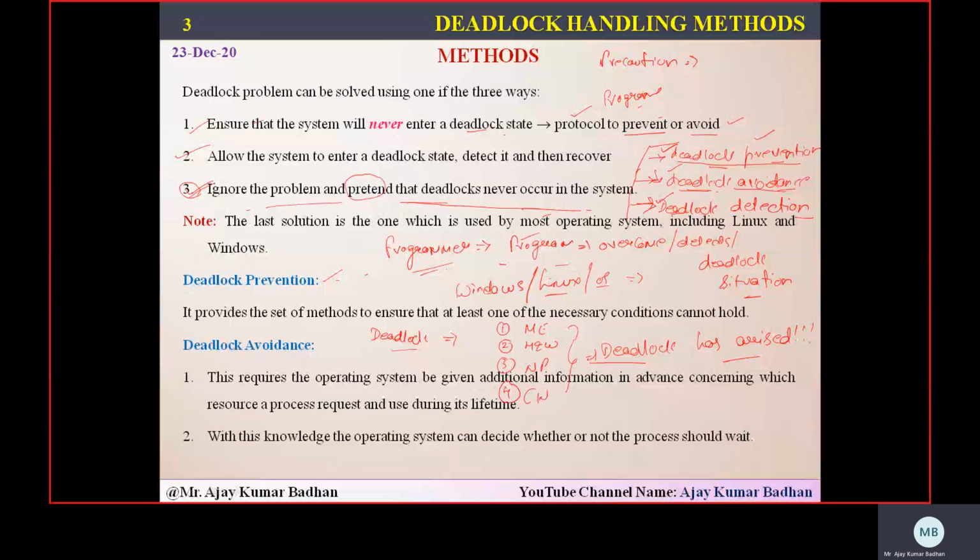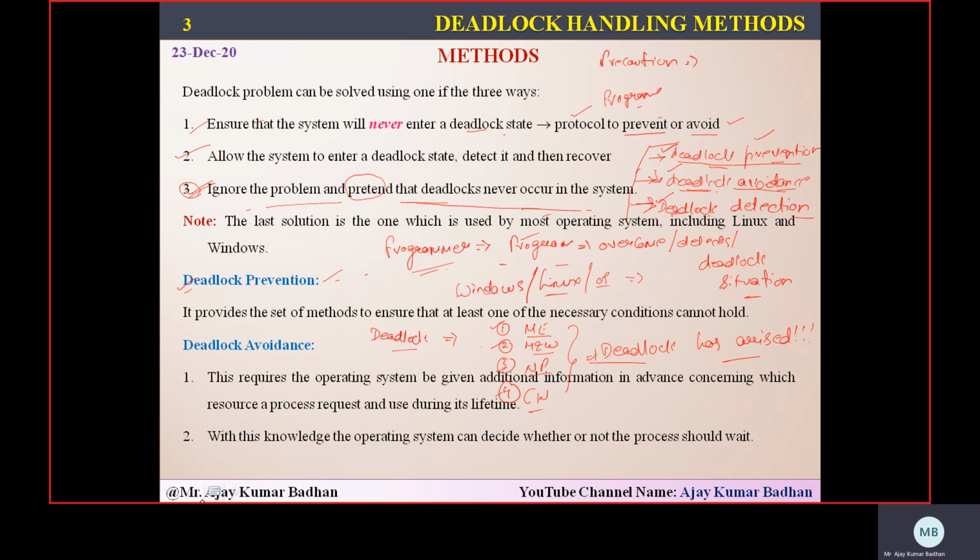Okay, I hope you got what I mean to say here. So if we can at least remove one of the conditions, maybe mutual exclusion, hold and wait, or no preemption, automatically the deadlock situation will be overcome. That is what he's saying in this particular deadlock prevention.